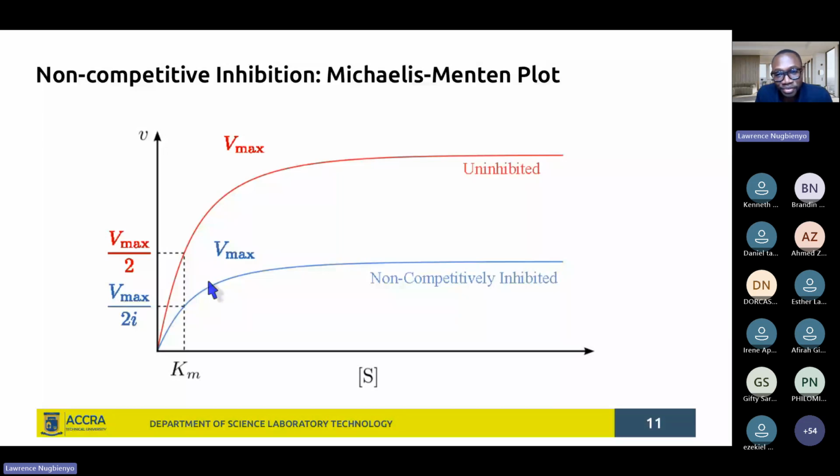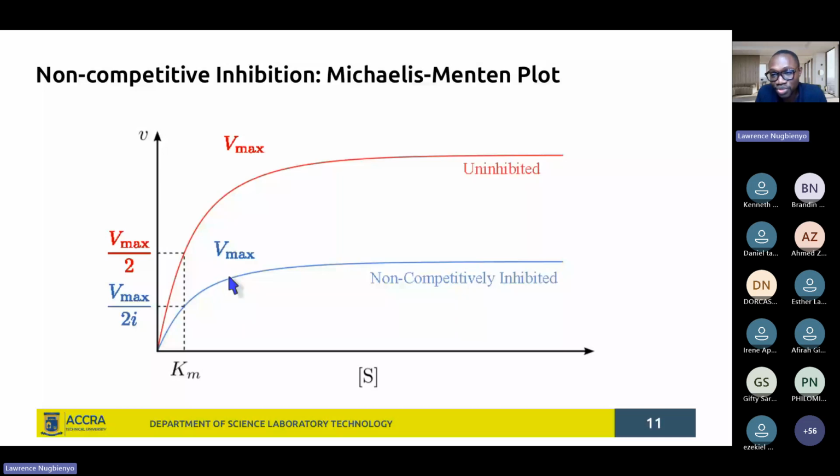Now, of course, you see the maximum rate of the reaction is changed because the inhibitor doesn't have to compete with the substrate. So whether there is substrate there, increase the rate or not, the inhibitor has its own sites that it will bind to, and so it will reduce the maximum rate of the reaction.